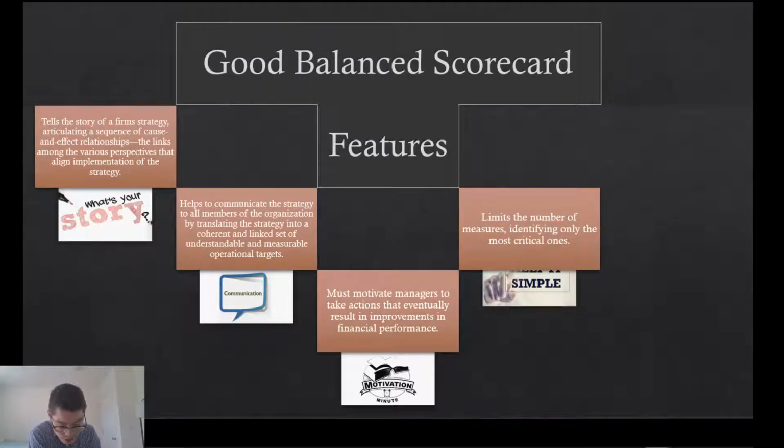And then you want to keep your balanced scorecard measures as simple as possible. You could have the perfect plan and strategies and a perfect story, and you can tell a beautiful story out of it, and everybody understands it, and you have a huge amount of incentives paid to employees to achieve the goals.